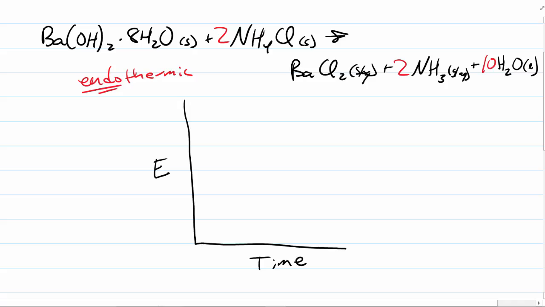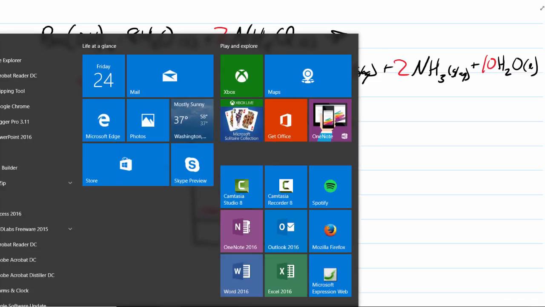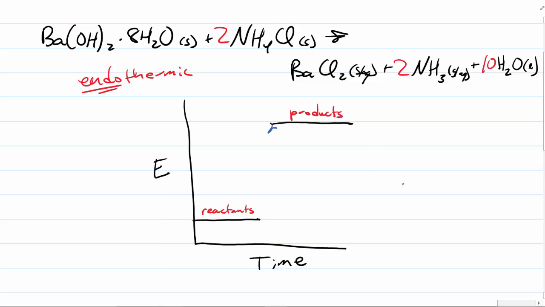So we start down low and wind up high, and rather than rewrite all this, I'll just put reactants down below, products up above. And this distance right here is delta E once again, and the sign on delta E is going to be positive, because we have a larger value at the end than we had initially. So delta E will be positive when the process is endothermic.